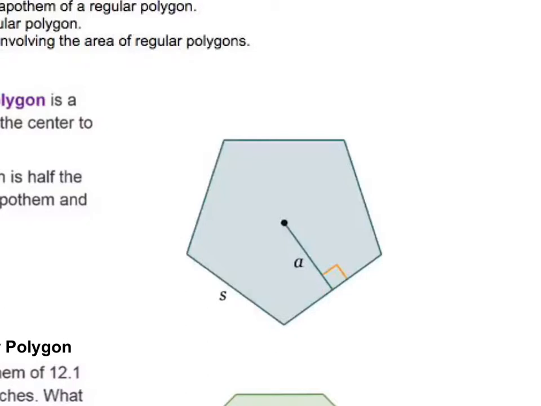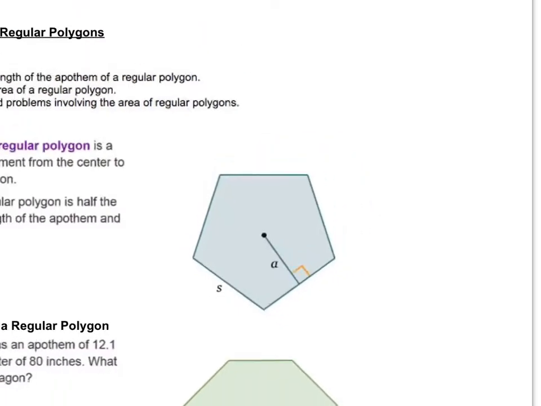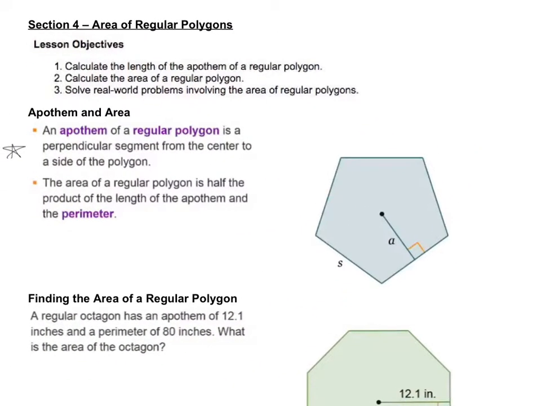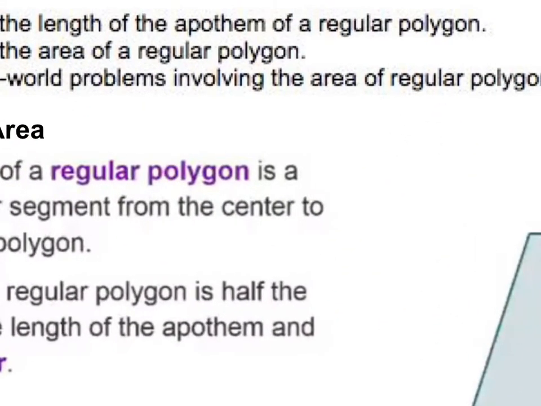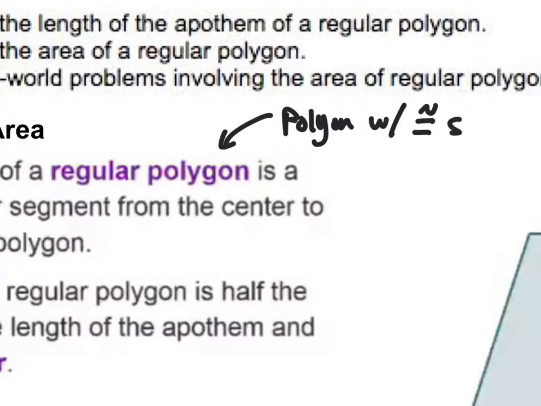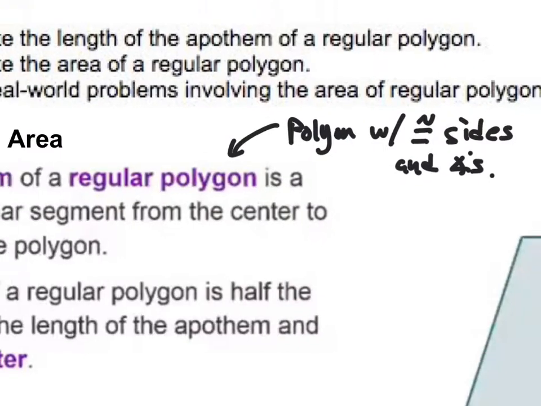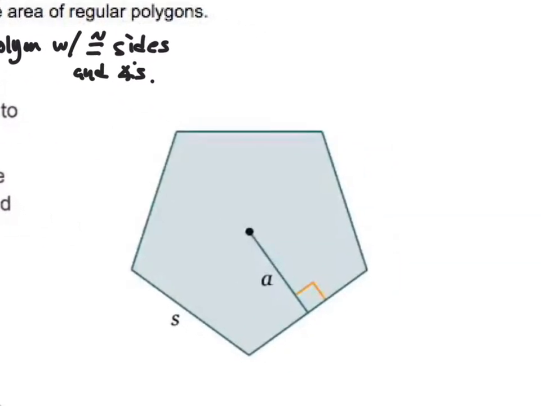Before we talk about a regular polygon, remember from the last section that a regular polygon is a polygon with congruent sides and angles. So this is a regular pentagon.